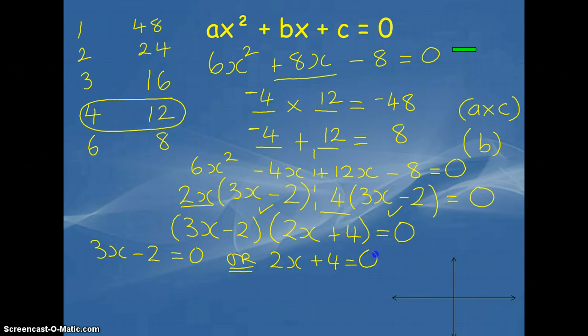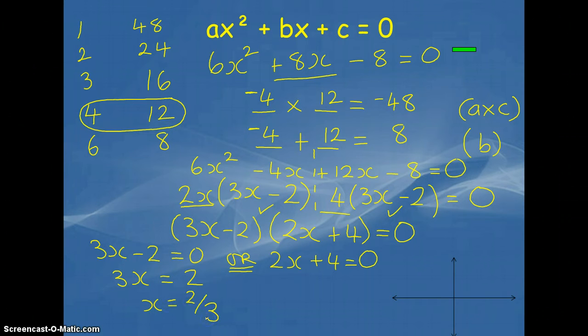And so we need to find out what values of x would bring about that 0 value to the equation. Well, if we just go step by step, add 2 to both sides to this left-hand equation. So 3x is equal to 2, which means x must equal 2/3.